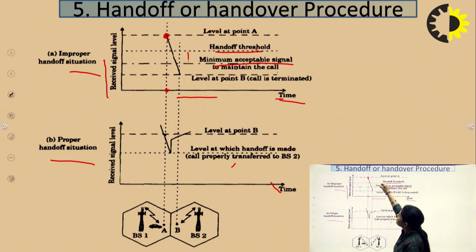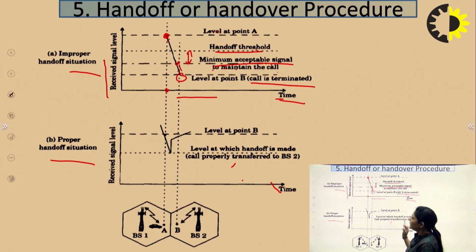So the MSC has to take the decision in this particular zone, whether to have handoff or not. Now this base station has not taken the decision of handoff at this particular point, and the signal power has gone below the minimum acceptable signal to maintain the call. So at this particular time the call is terminated, because the power has gone below the minimum acceptable level.